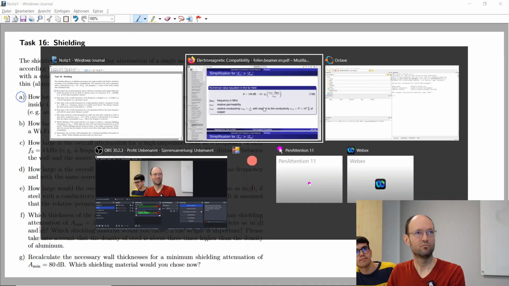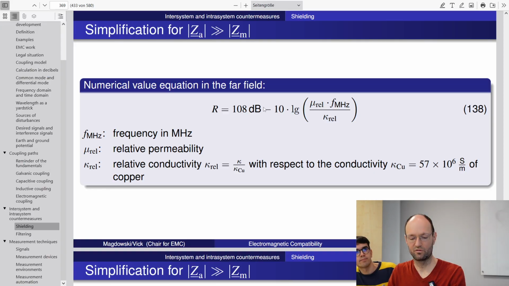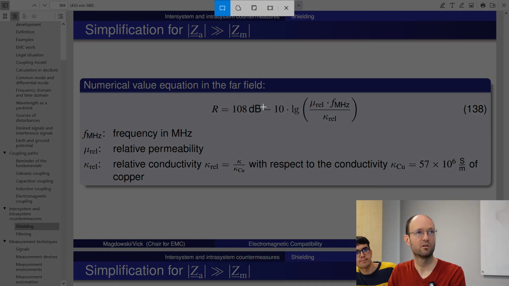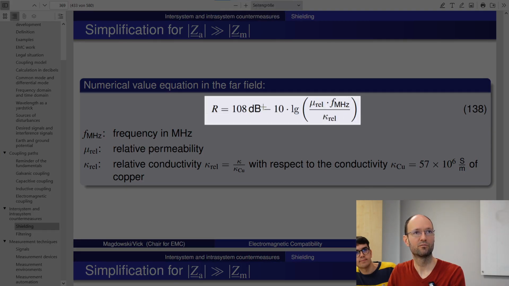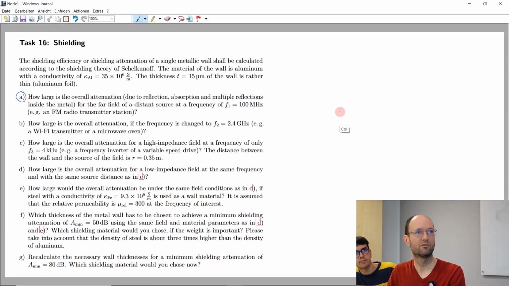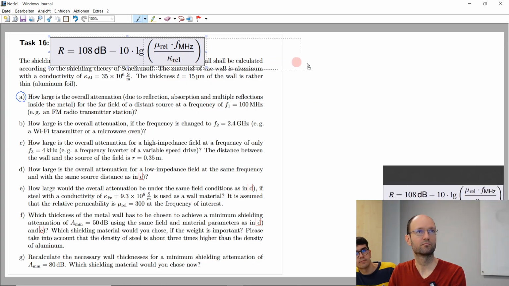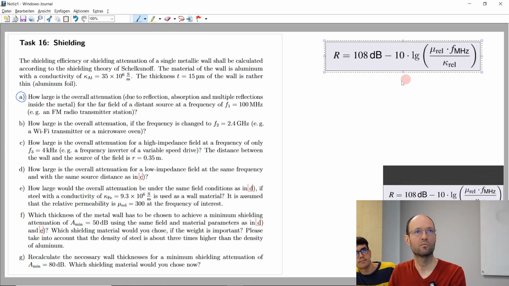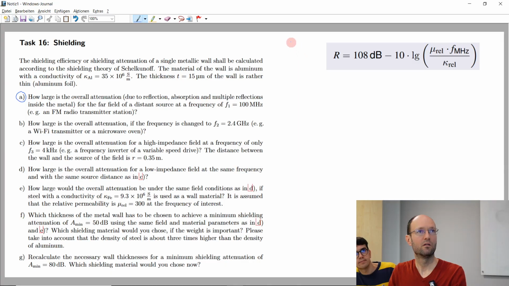Maybe we start with this simplified formula here. I will copy this and paste it into the drawing program. For task A, we can just calculate this. Our frequency in megahertz would of course just be 100.